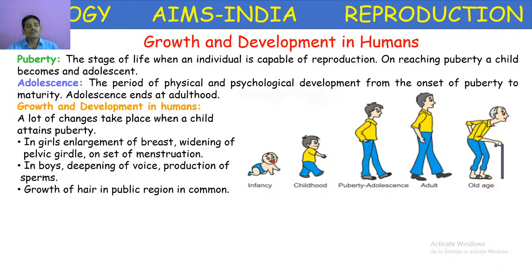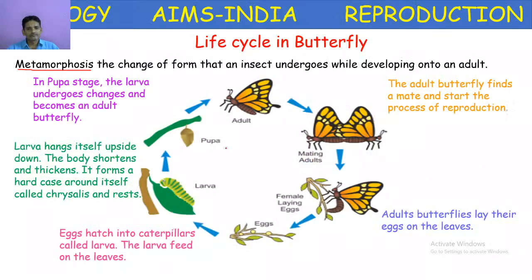In the life cycle of butterfly, metamorphosis is the change of form that an insect undergoes while developing into an adult. Here, the adult butterfly, male and female, first mate each other, and the female will lay the eggs. These eggs develop into larva and into pupa.